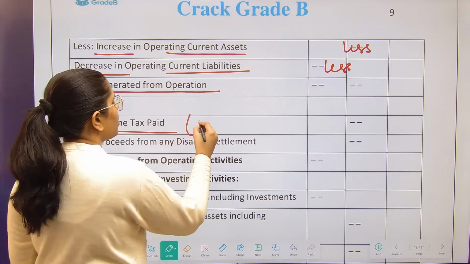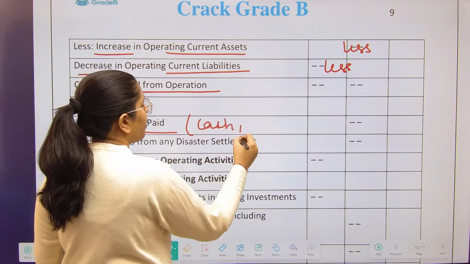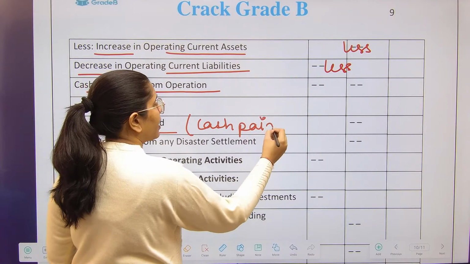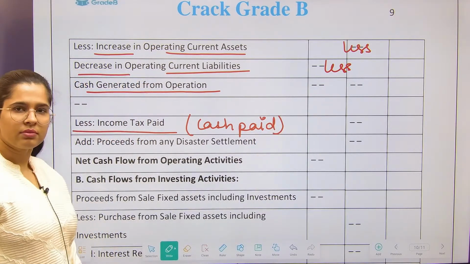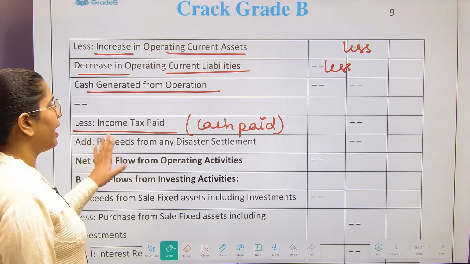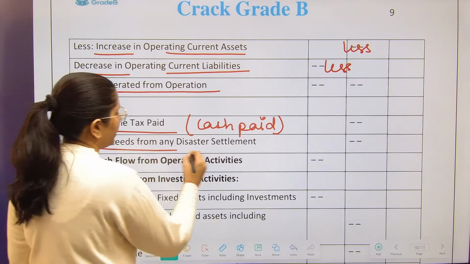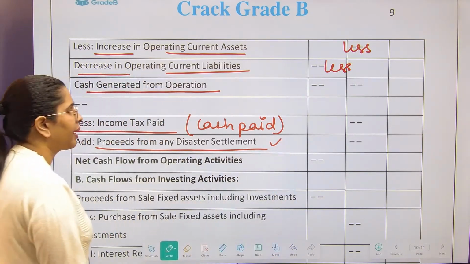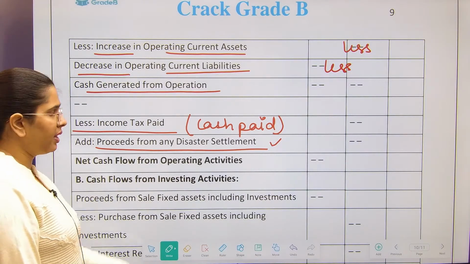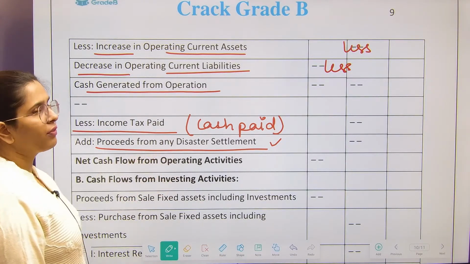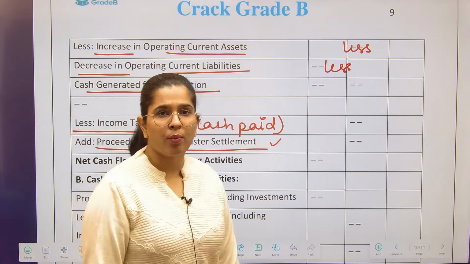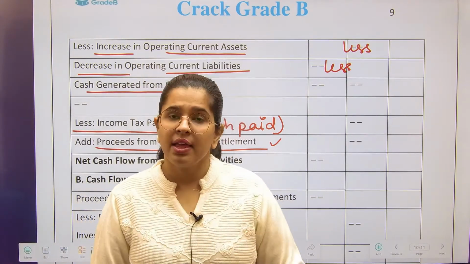Paid means whatever amount you have paid in cash, right? And any proceeds from extraordinary items, similarly to what we have done in the direct method, disaster settlement or anything, you will add it back, and this will give you your net cash flow from operating activities.